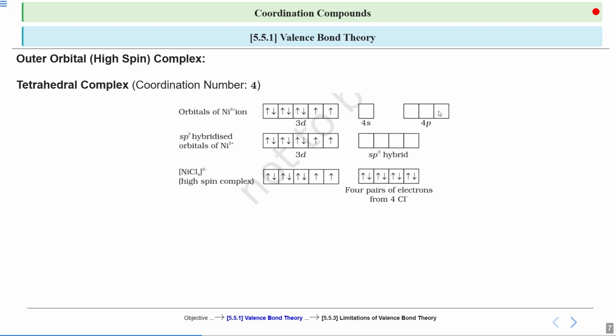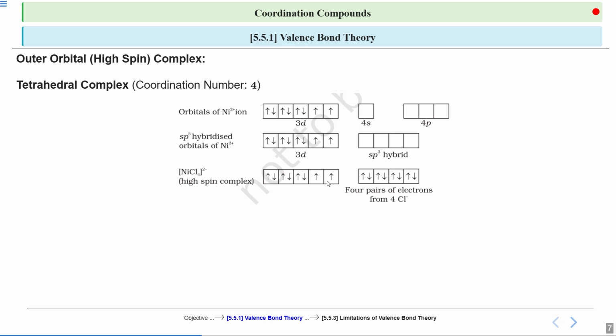So 1s and 3p orbitals from the 4p are going to undergo hybridization to give us sp3 hybrid orbitals, in which 4 pairs of electrons are going to be donated from the 4 chloride ions approaching the nickel to form the coordinate covalent bond with it. Okay, and so this is a high spin complex.